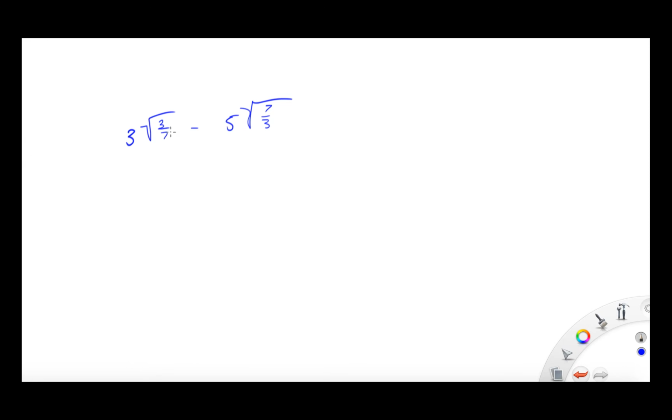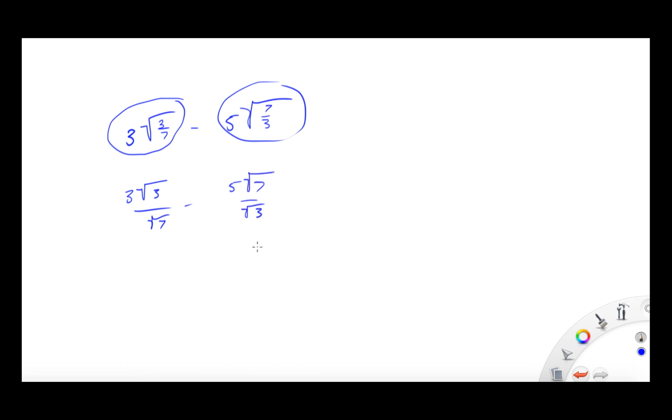We can rationalize this. So if this is the case, what this really looks like is 3 times the square root of 3 over the square root of 7. And then this one looks like 5 times the square root of 7 over the square root of 3.